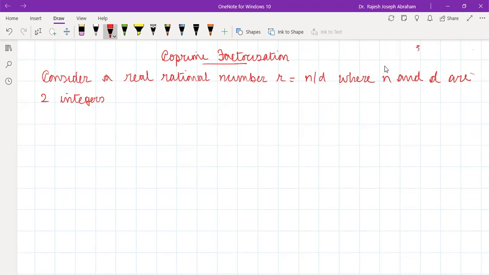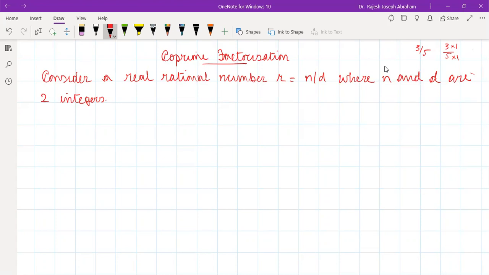Say for example 3 by 5. What's the greatest common divisor of the numerator and denominator? It is 1 only, right? 3 into 1 by 5 into 1. There is no other common factor. Then we say that the two numbers are co-prime.